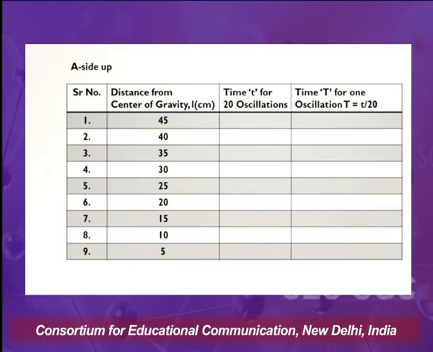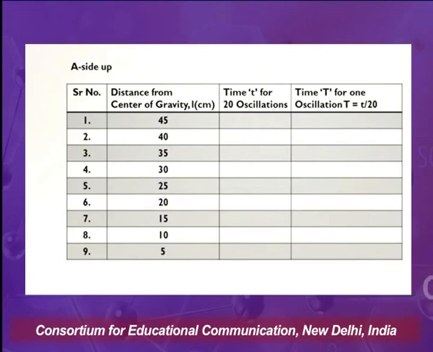So this is the table. We have two sides, and we assume one side is the A side and the other is the B side. For the A side you can see this table. We have to make this table also, and we normally take 9 readings. There are 3 columns.